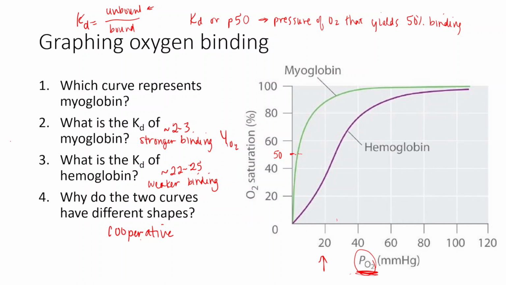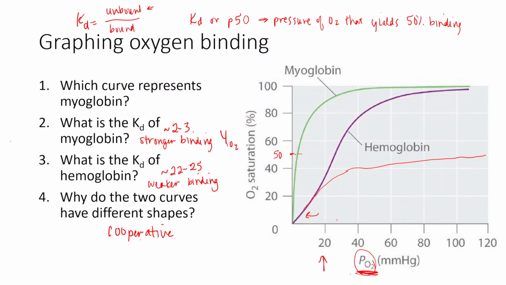If you look at the bottom part of hemoglobin's binding curve towards the left, it's relatively shallow. You can almost think of this as the beginning of a very shallow hyperbolic curve. If hemoglobin only had one subunit with no cooperativity, it would resemble something like this.